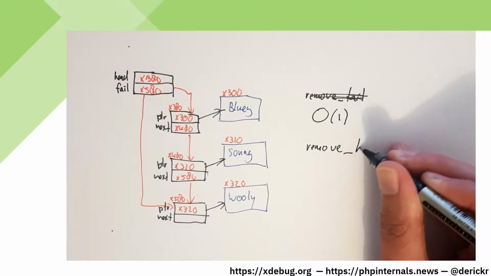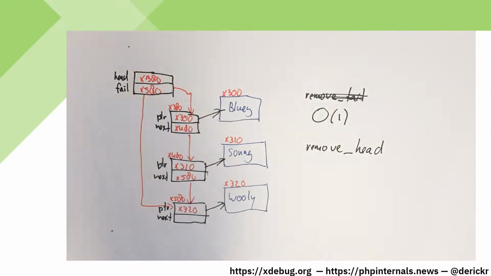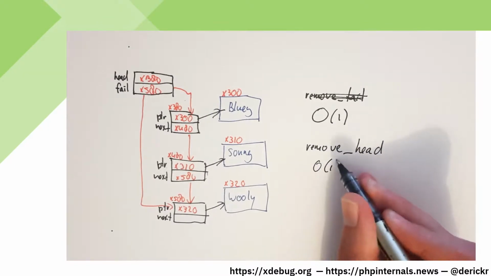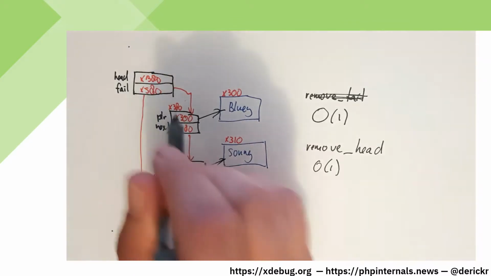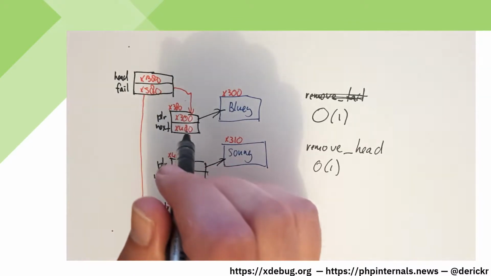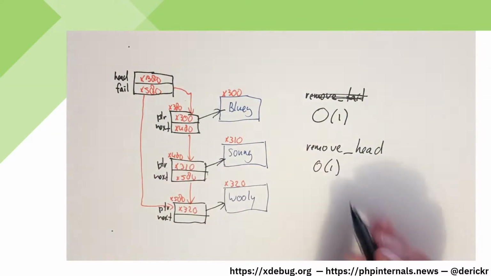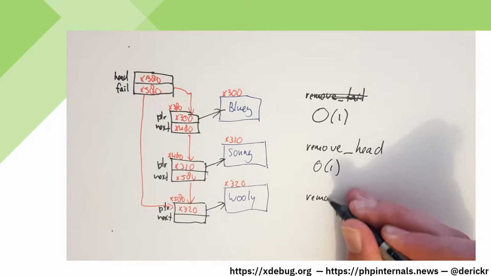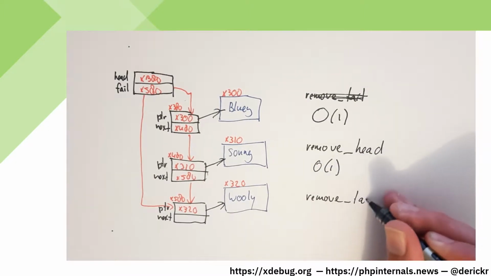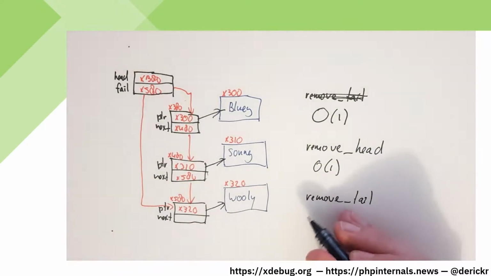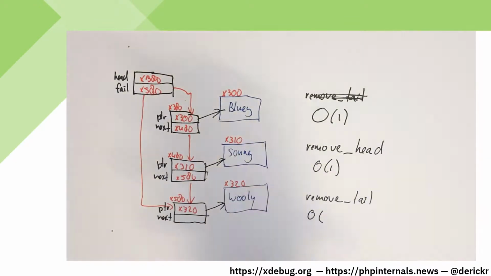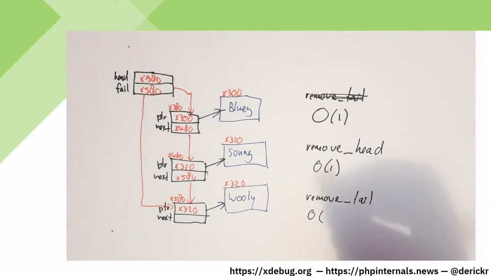Remove head is one operation because we can instantly go to the first one, update our head pointer, and we don't need to deal with the tail pointer. And then remove tail meant walking through each element, and more work has to be done. And the notation for having to operate on as many elements as there are in the list is done by n.